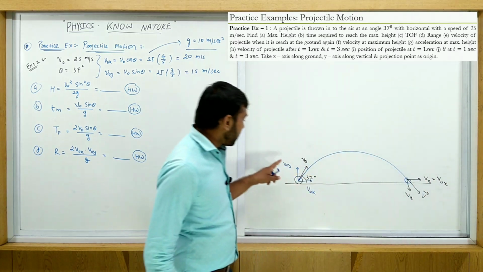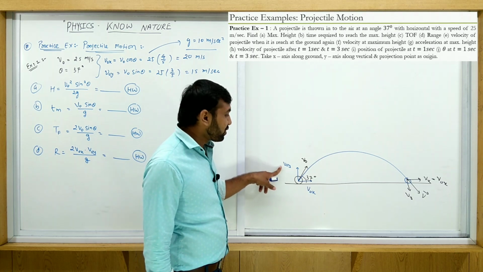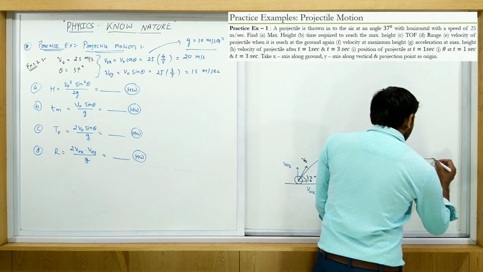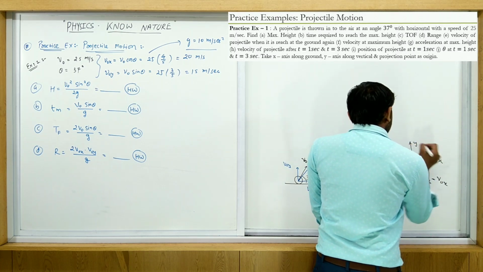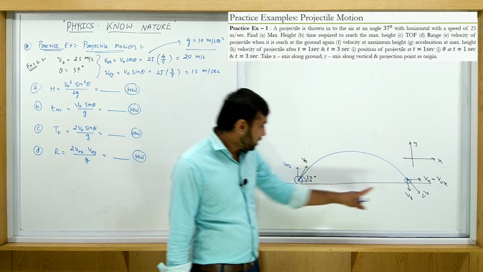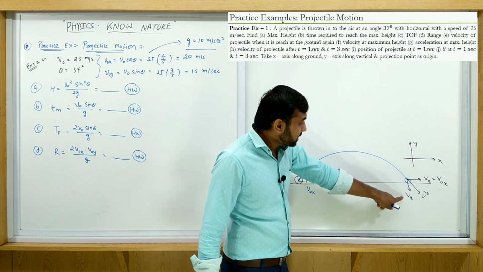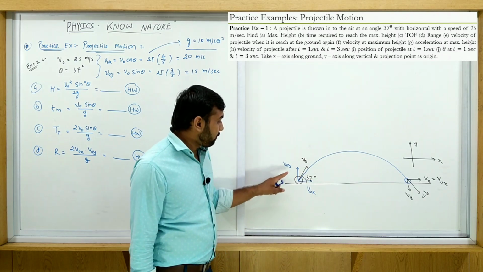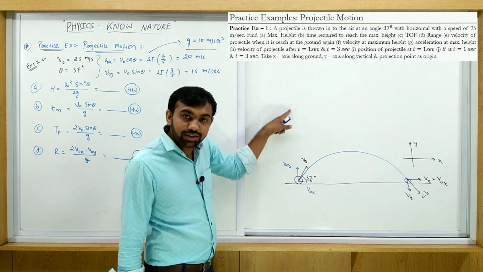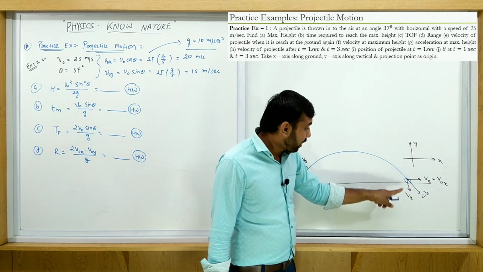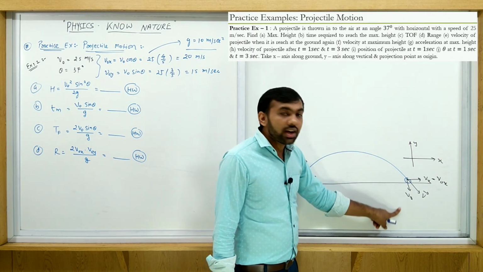And vy is again the same in magnitude as v0y, only the direction is opposite. Consider this direction as x and this direction as y. So v0x is along the x axis, but this velocity is along the minus y axis. At the projection point, the velocity is along plus y axis, but when it returns to the ground, its velocity along the y axis is towards the negative.